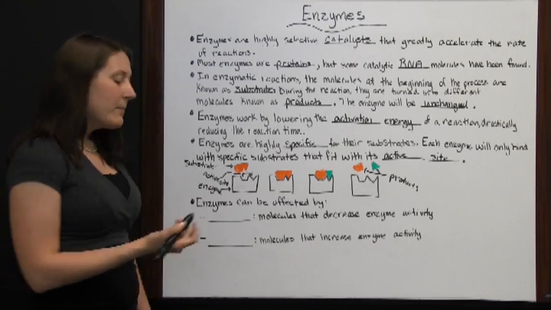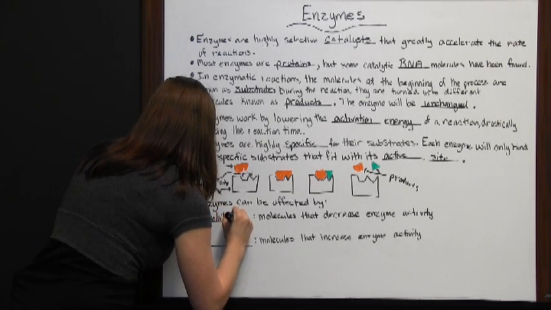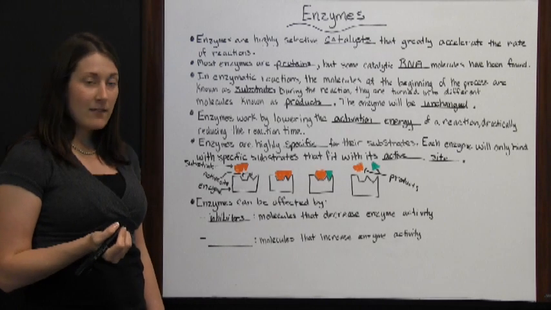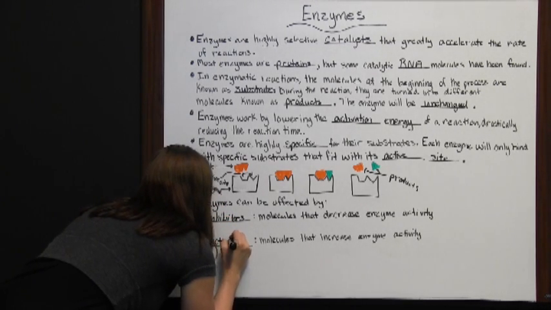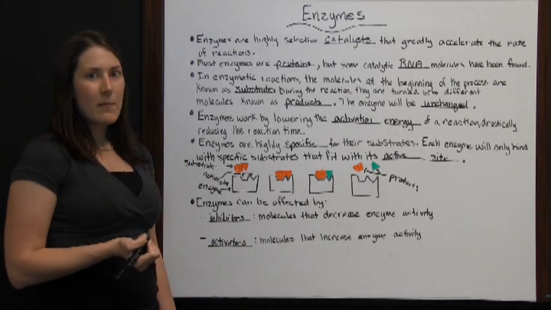Enzymes can be affected by inhibitors, which are molecules that decrease enzyme activity, and they can be affected by activators, which are molecules that increase enzyme activity.